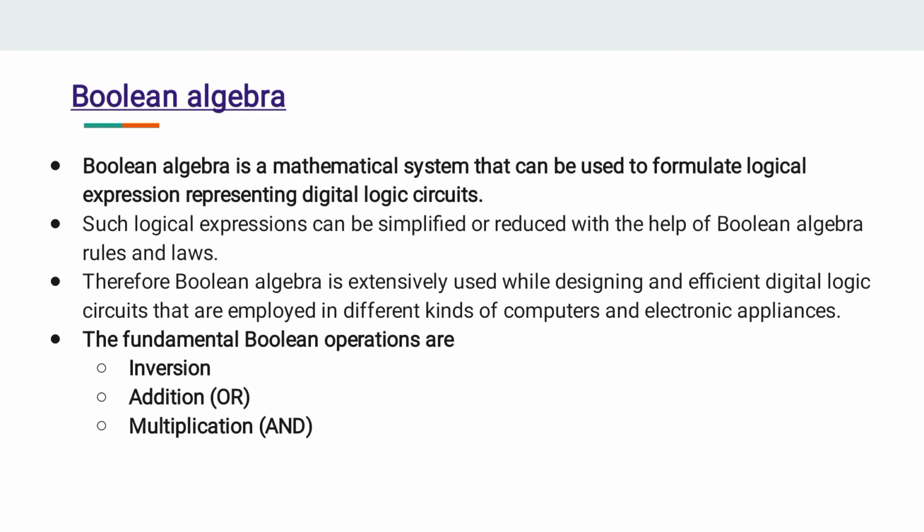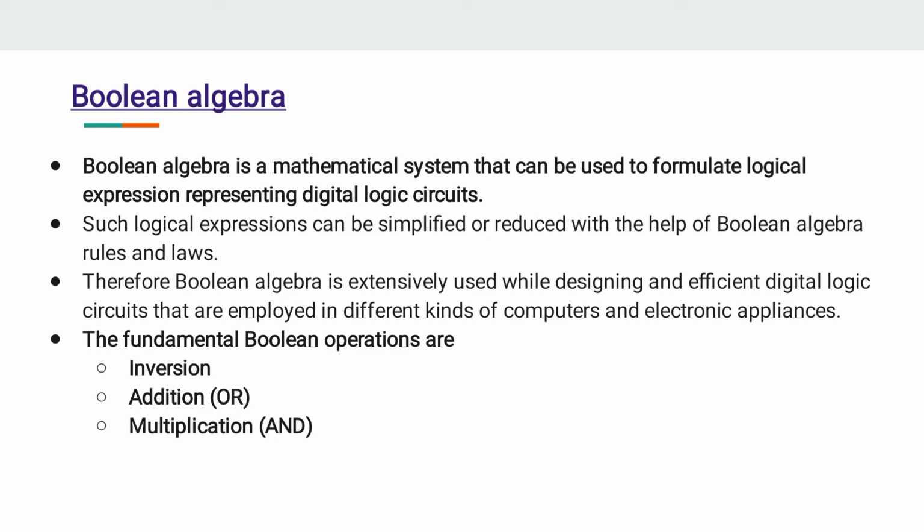So, Boolean algebra is a mathematical system that can be used to formulate the logical expression to represent the digital logic circuits. So, depending on these representations of digital logic circuit, we are going to express the mathematical system. This mathematical system is formulated according to the logical expression. In the next few slides we are going to get some of the expressions to be represented.